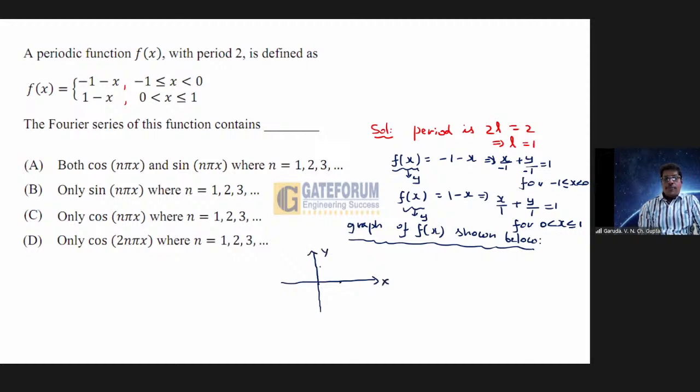This is number 1 on the x-axis, number 1 on the y-axis, and this is minus 1 on the x-axis and minus 1 on the y-axis. So draw these 2 points 1, 0 and 0, 1 by a straight line, which gives x by 1 plus y by 1 is equal to 1. And joining minus 1, 0 and 0, minus 1, on the x-axis y value 0, on the y-axis x value 0, joining these two gives the straight line equation x by minus 1 plus y by minus 1 is equal to 1.